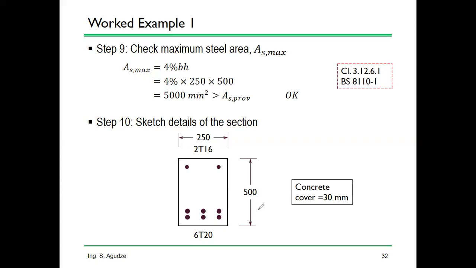Now note that anytime you are providing a sketch, you need to remember to include the concrete cover, because all these are important things required in doing detailing. You provide a sketch of the detail, but there must be proper detailing of the work which can be used for construction purposes. Is that okay?